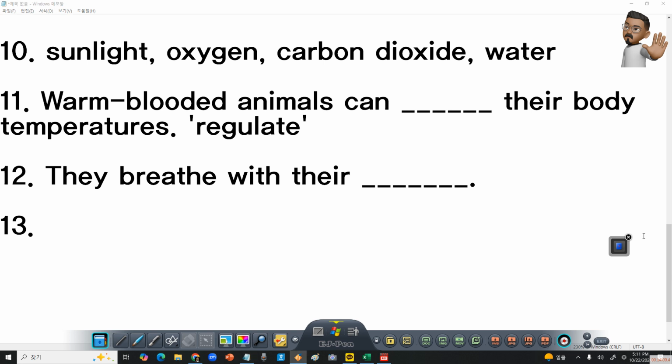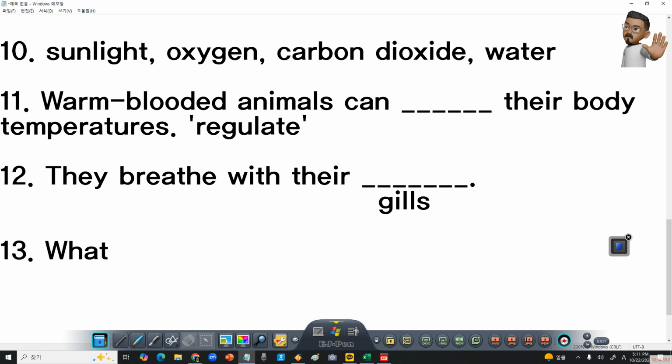All right, number 12. They breathe with their lungs? No. Gills. Time's over. You're right, but he's not. Gills. What is a gill? 아가미. Gills.